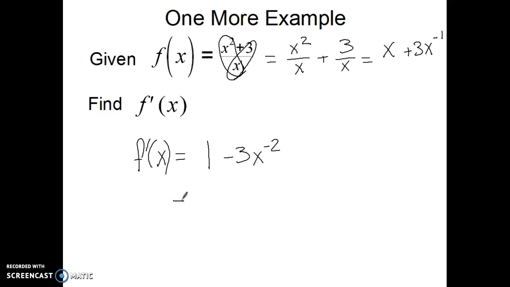We can simplify this a little bit. We'll have 1 minus 3 over x squared. If you wanted to, you could even go a step further to turn this into one term. We could treat this 1 as 1 over 1 and get a common denominator, which would end up giving us x squared minus 3 over x squared.